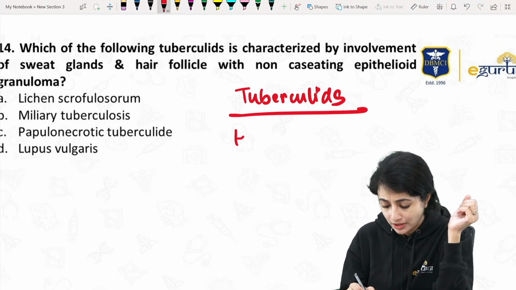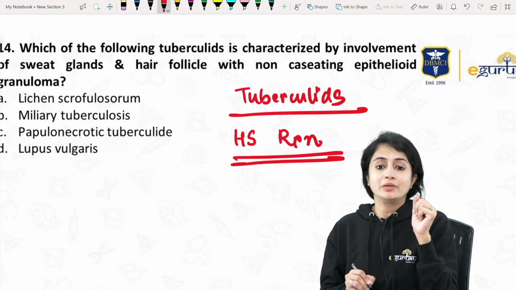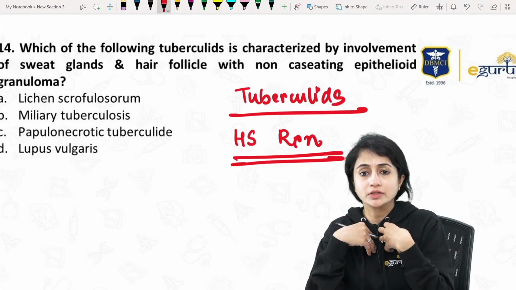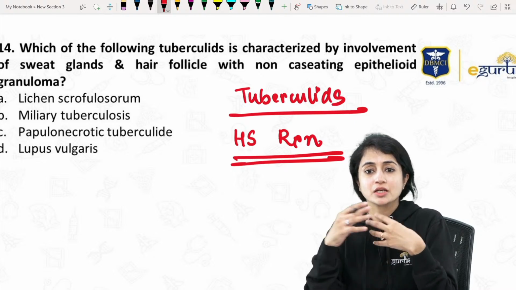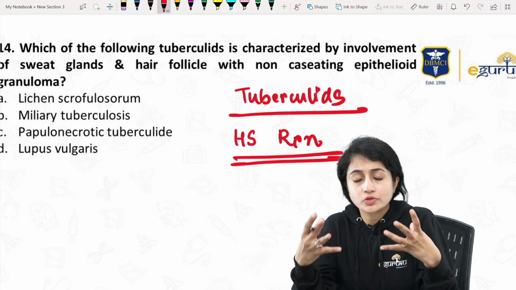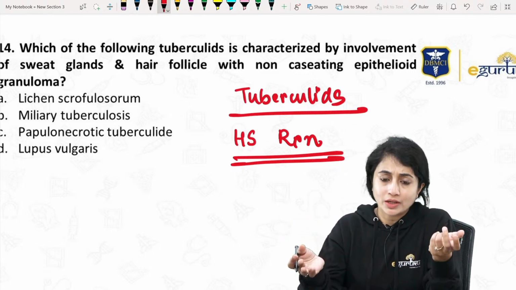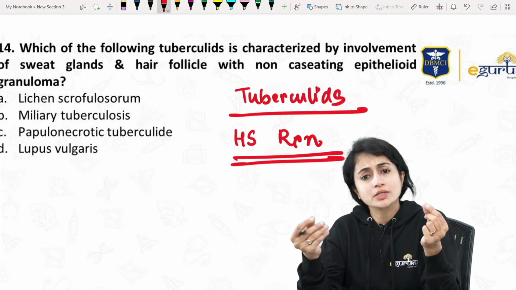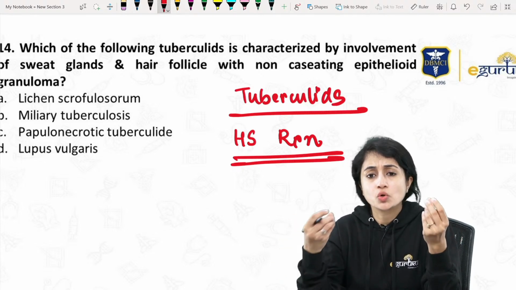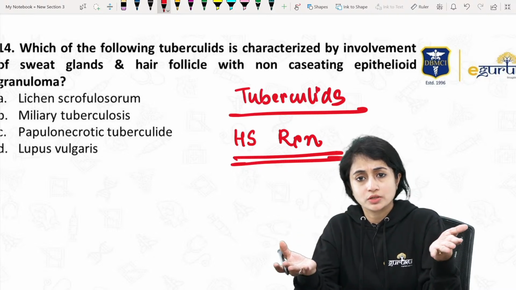Tuberculids are basically a hypersensitivity reaction. What do I mean by that? Suppose a patient has pulmonary tuberculosis. So there is a focus of tuberculosis infection somewhere. From there, either the Mycobacterium tuberculosis or some of its remnants or some toxic material released by it goes into the circulation.